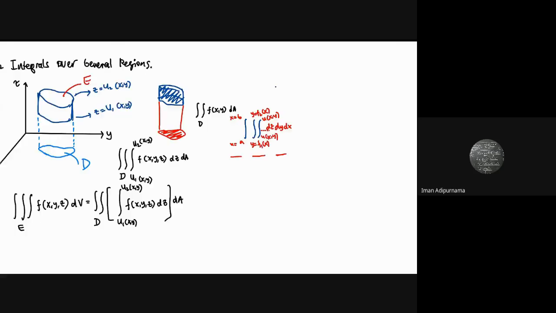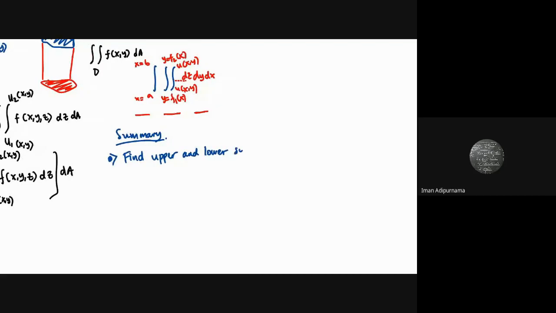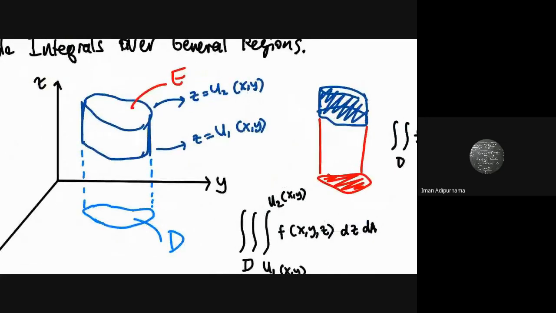Okay, so let me write some summary. So first, when you're dealing with triple integrals, you need to find the upper and lower surface boundary of solid E. Okay, so this is solid E. You need to find this first.